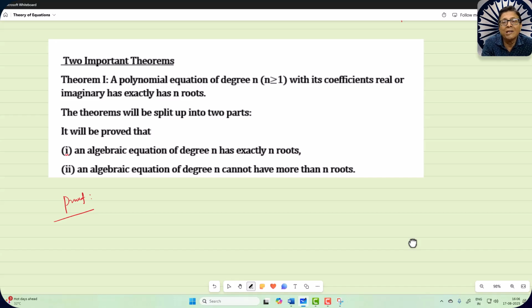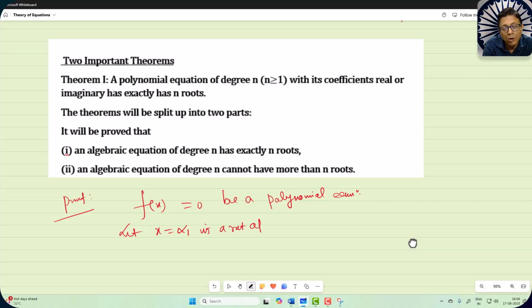So let f(x) = 0 be a polynomial equation. Let x = alpha 1 be a root of f(x) = 0.